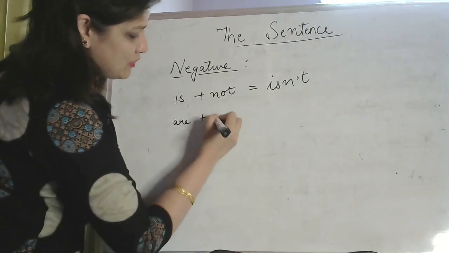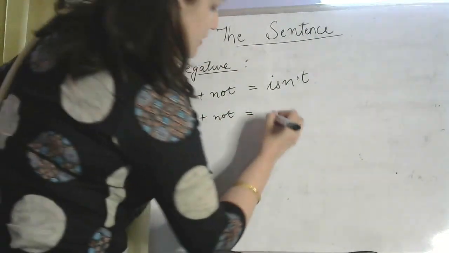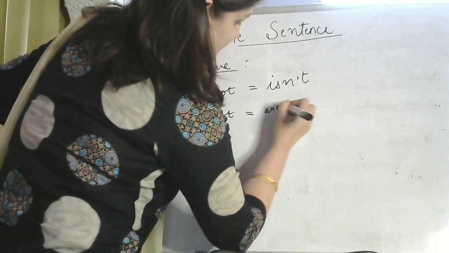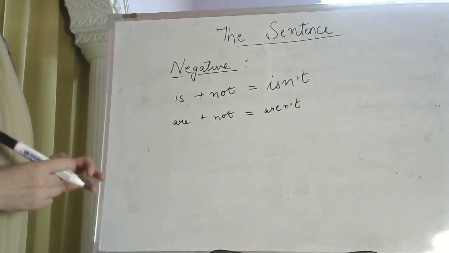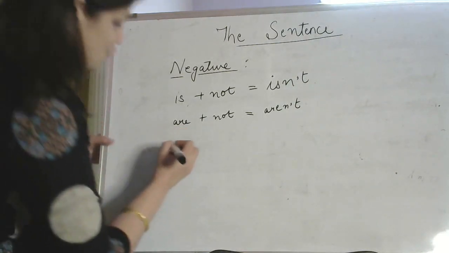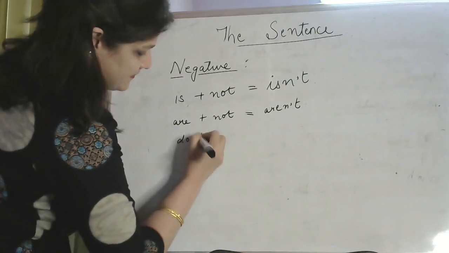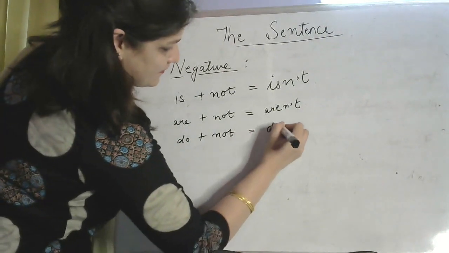Are plus not, this is negative, is equal to aren't. Right? After that we have do plus not will change to don't.